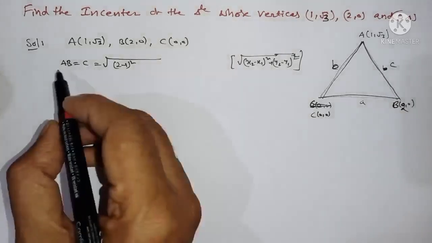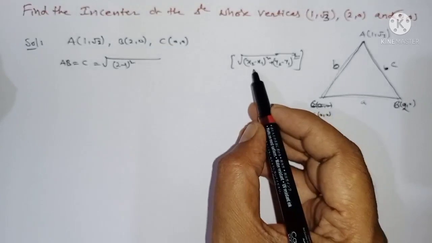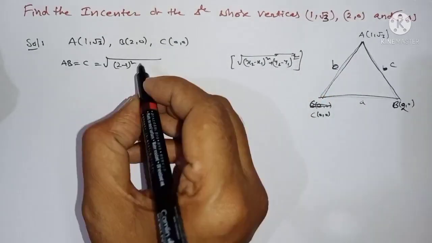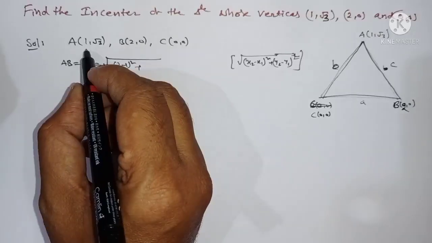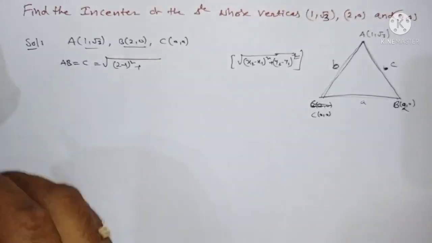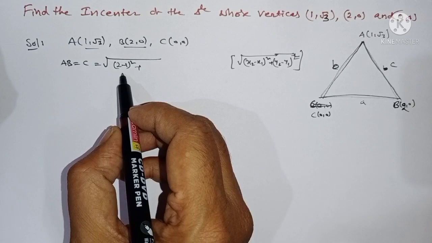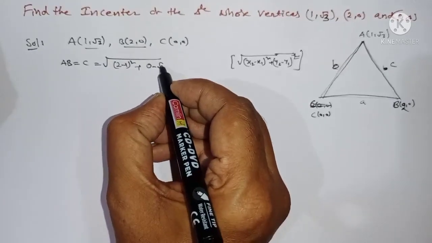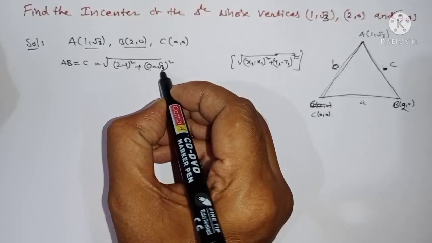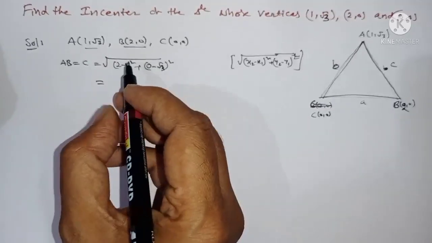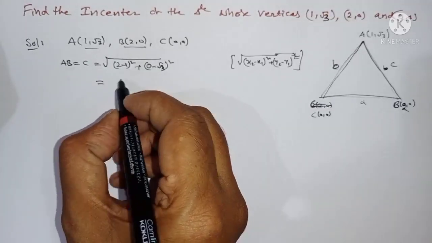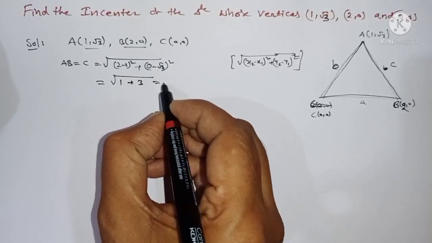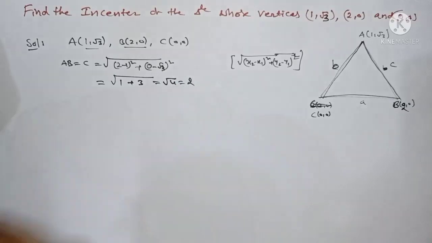First I am finding AB, small c, equal to the square root of (x2 minus x1) whole square plus (y2 minus y1) whole square. That is (2 minus 1) whole square plus (0 minus root 3) whole square, which is root of 1 plus 3, root 4, equal to 2.